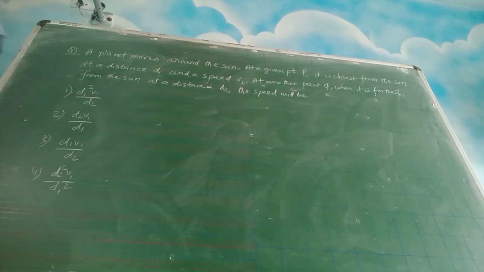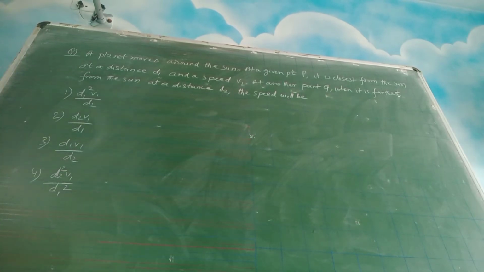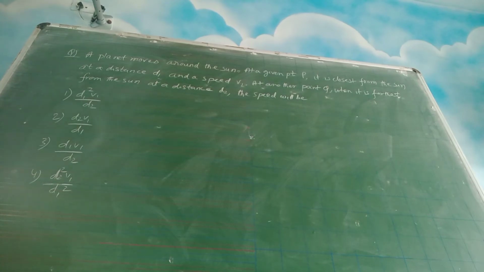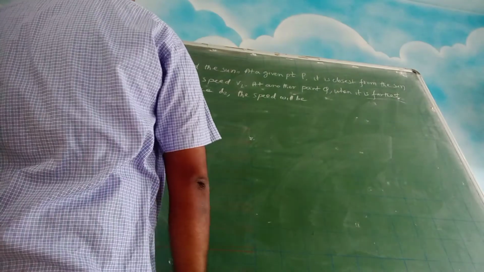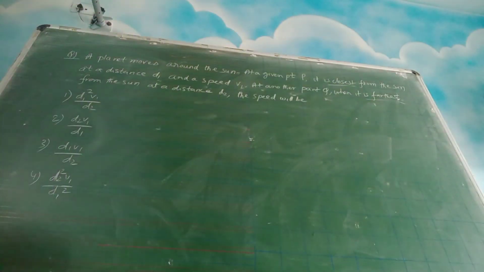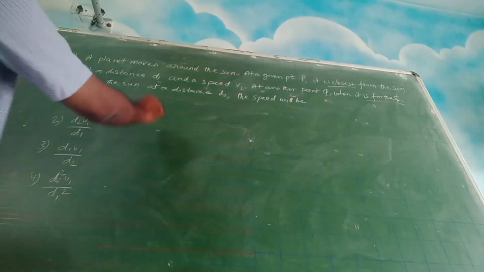A planet moves around the sun. At a given point P, it is closest from the sun at a distance d1 and speed v1. At another point Q, it is farthest. So, what does this tell you? Perihelion and aphelion. Okay, and the distances are given to you.